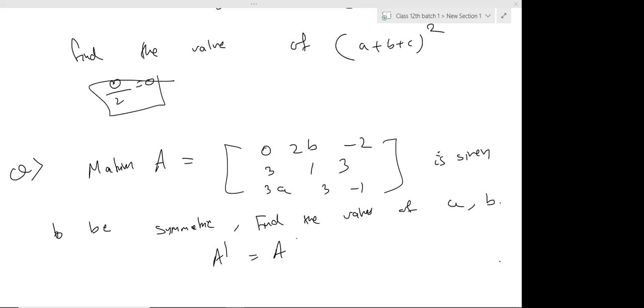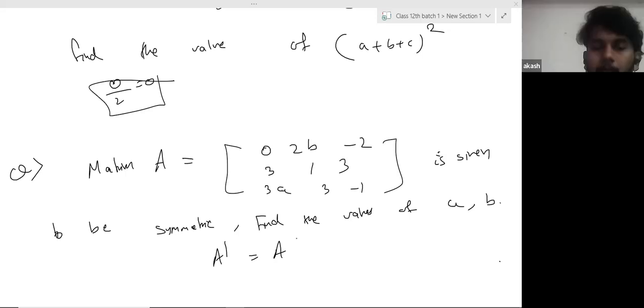One short question. Which matrix is both symmetric and skew symmetric? Which matrix is both symmetric and skew symmetric?